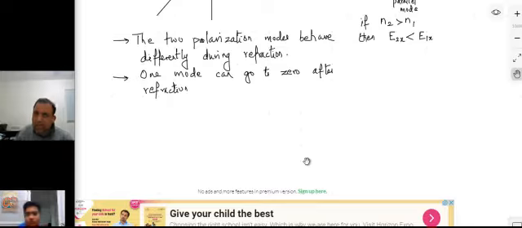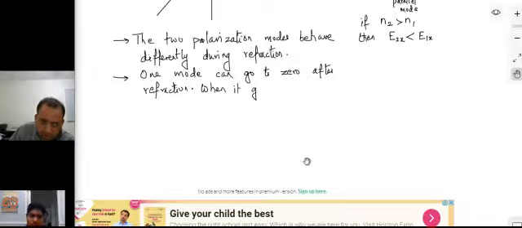If the angle is correct, one of the modes alone can go to zero. And when that happens, it is called the Brewster's angle.